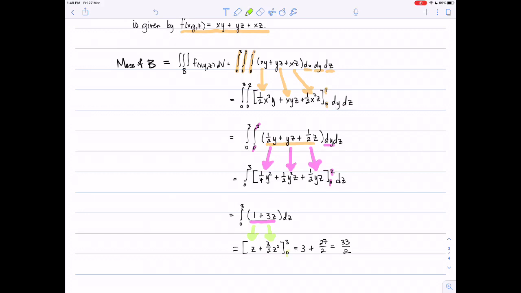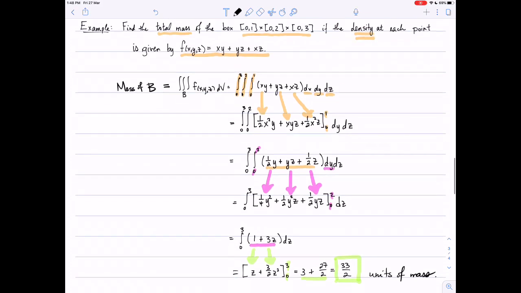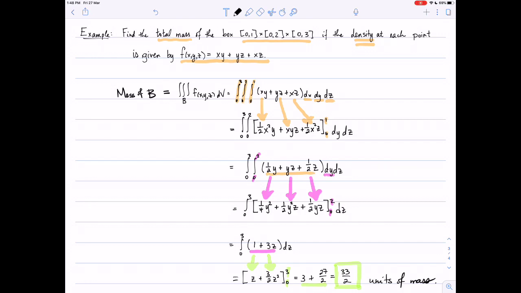You're running this from 0 to 3, and if you do fundamental theorem part 2, top evaluation minus bottom evaluation, you should get the answer of 33/2 as the numerical value. Obviously, we're not given units here, but there would be some sort of units of mass, grams or kilograms or something like that, but we were told to interpret this function as density. So our final answer is going to be in terms of mass.